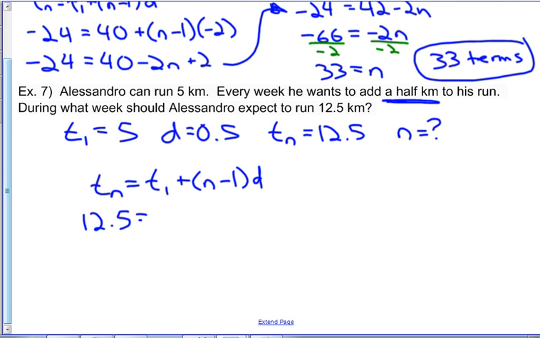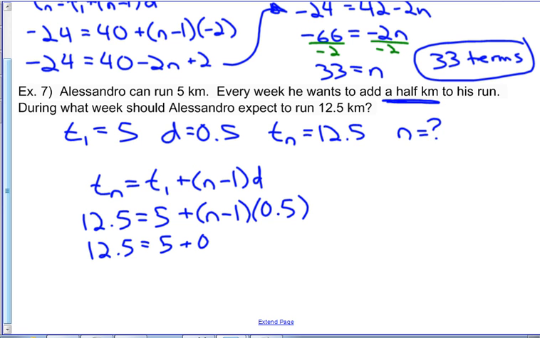12.5 equals 5 plus n minus 1, n is unknown, times 0.5. Okay, and we'll clean that up a little bit. 5 plus 0.5n minus 0.5. So 12.5 equals 4.5 plus 0.5n.